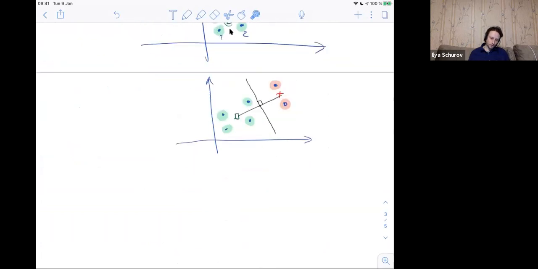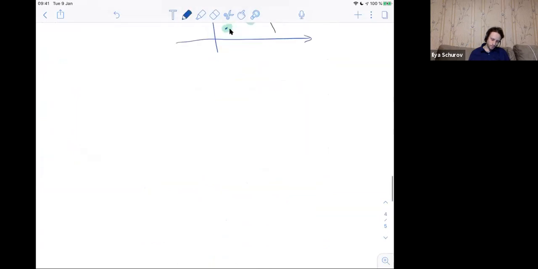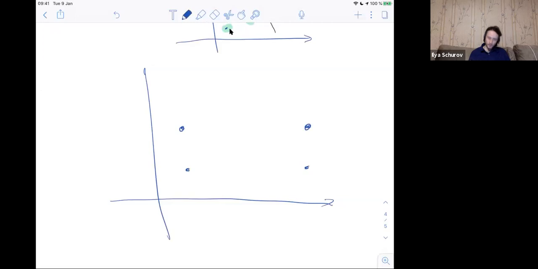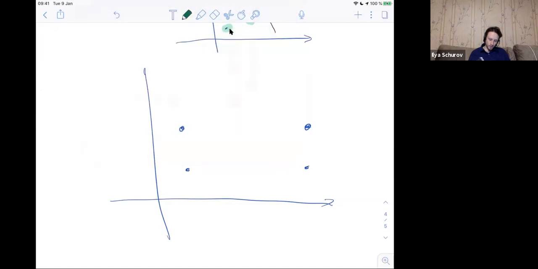For example, assume that I have something like this. I have 2 points here and 2 points here. This is similar to what I plotted previously. And let me assume that I have some centroid here, and another centroid is here.